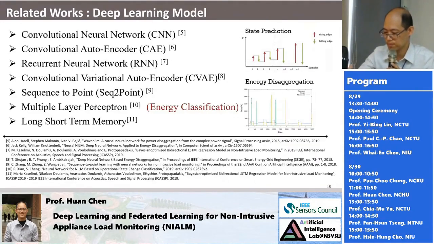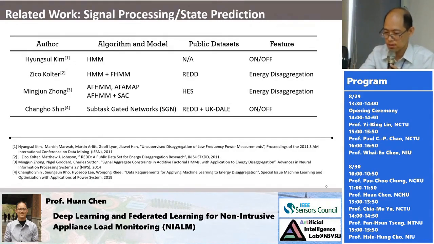The first one: Dr. King used the hidden Markov model to perform on-off state predictions in 2011, and this is a very typical algorithm. As you can see, they are designed based on signal processing and state predictions. So they constructed the hidden Markov model and predicted the on-off state for each appliance.